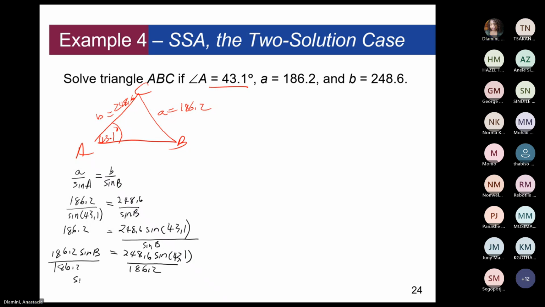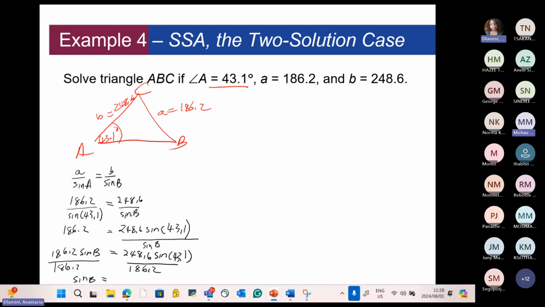Then we're going to give me the answer then. Sorry, ma'am. The answer will be B is equal to sine inverse of 248.6 sine 43.1 over 186.2.